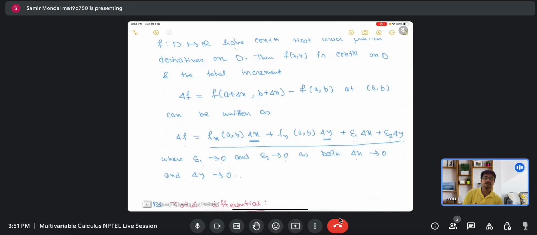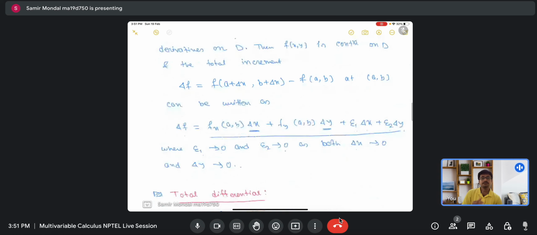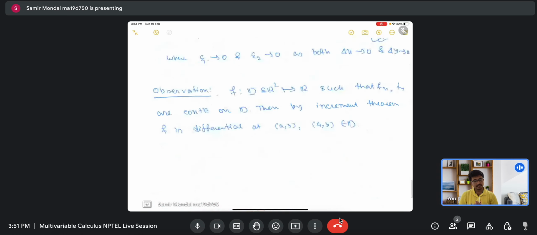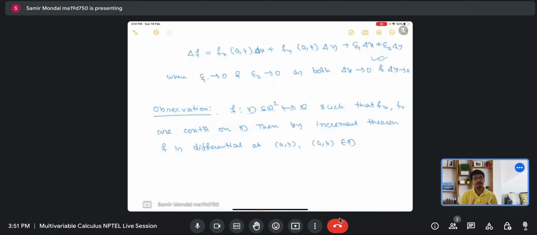This is the condition of differentiability of a function. So using the increment theorem, we can say that if we have one function such that all partial derivatives are continuous, then the function is differentiable at the point (a, b), where (a, b) is any point in the interior of D. This is one observation.